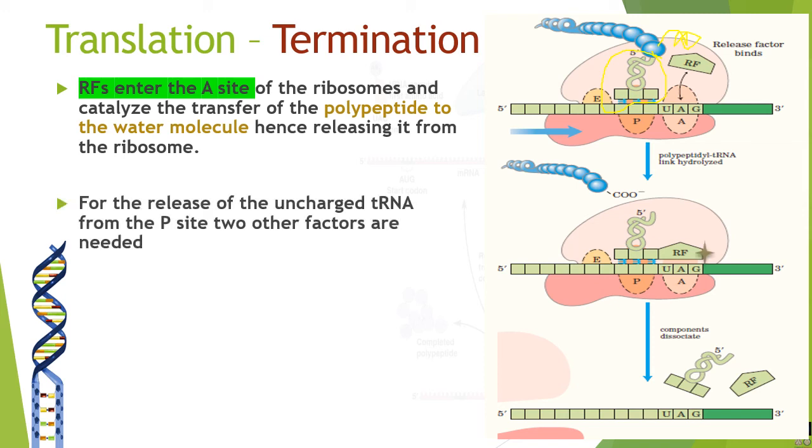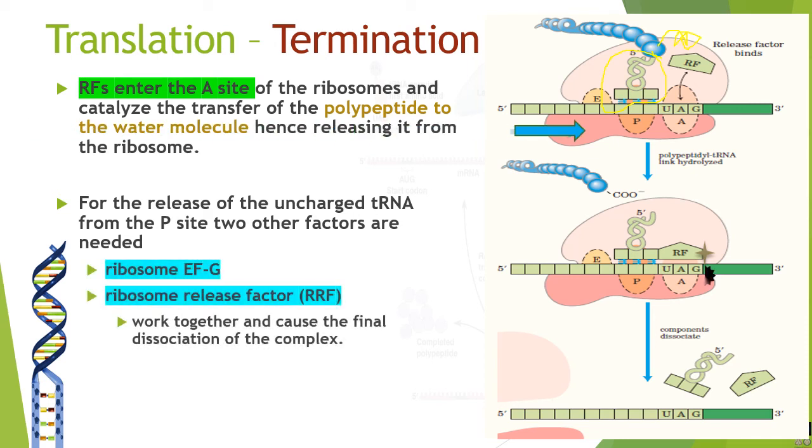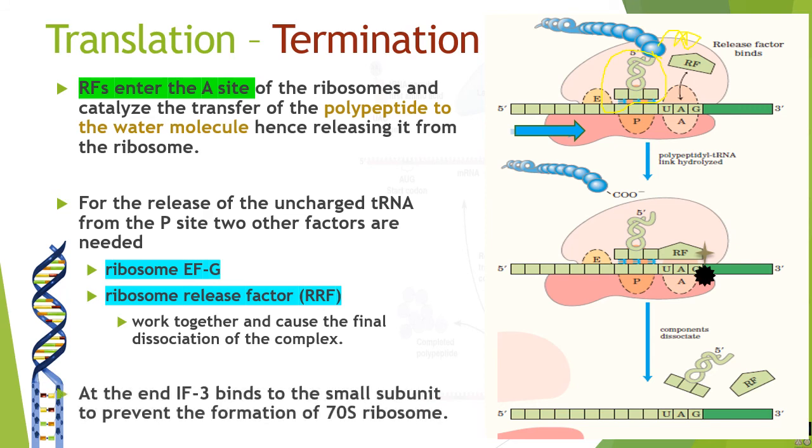However, the complex which encompasses the tRNA, mRNA, and the two subunits of the ribosome is not able to dissociate with the help of the release factor only. There are two other factors needed for the dissociation of this complex and the release of the uncharged tRNA from the P site. This is done with the help of ribosome release factor, RRF, and elongation factor G. Elongation factor G is important in providing the GTPase activity.